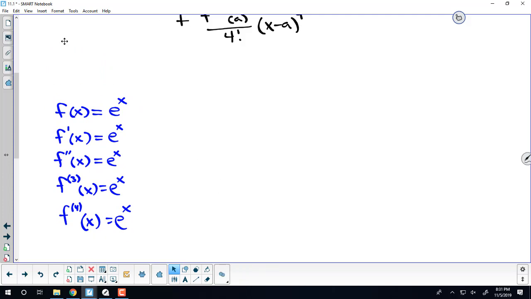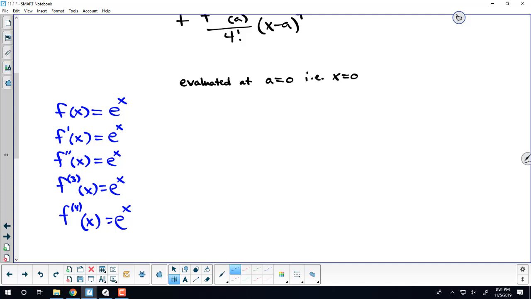And then we want to evaluate those at a equals 0. Really, once we fix our variable to say a equals 0, what we're saying is evaluate them at x equals 0.